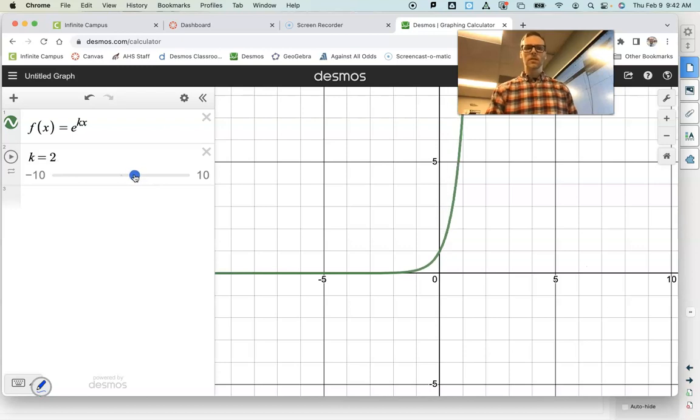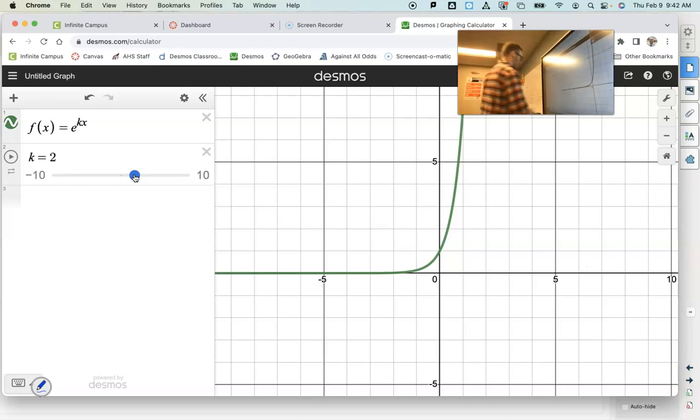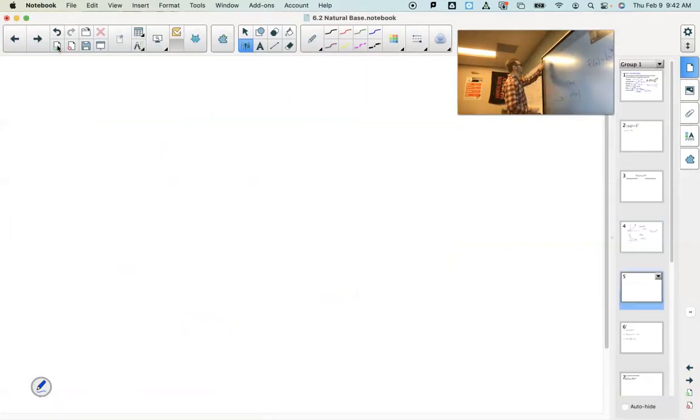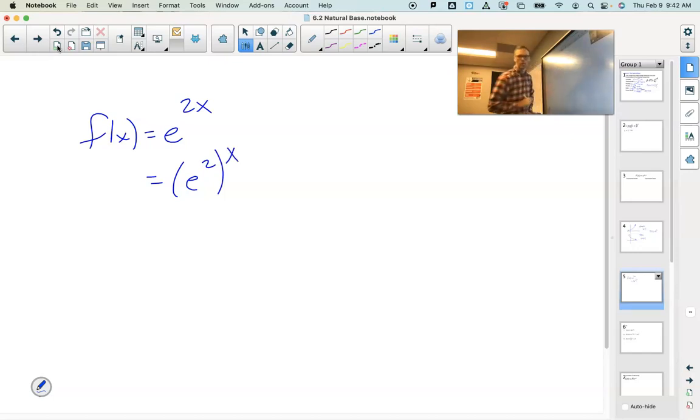Why does that make sense? Let's think about e to the 2x for a second. This is our function, e to the 2x. Well, if I think about properties of exponents, this is the same as e squared to the x, because power to a power we multiply, don't we? And what's e squared? e squared is 2.718 squared.